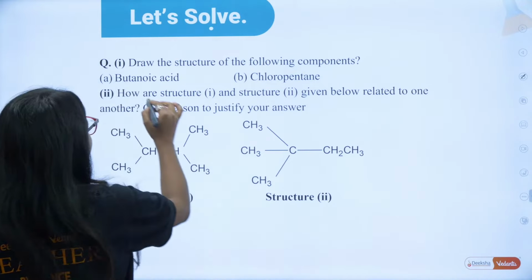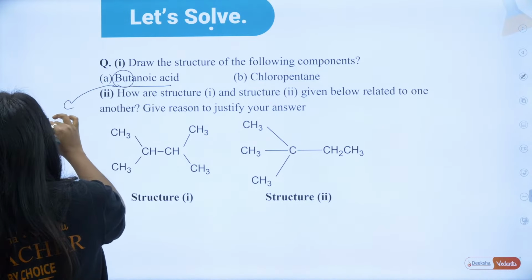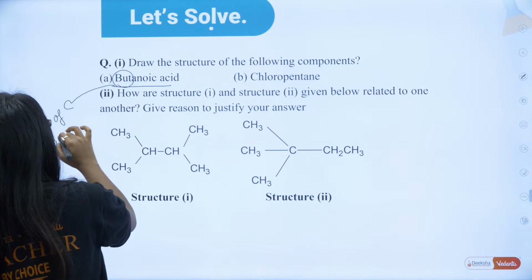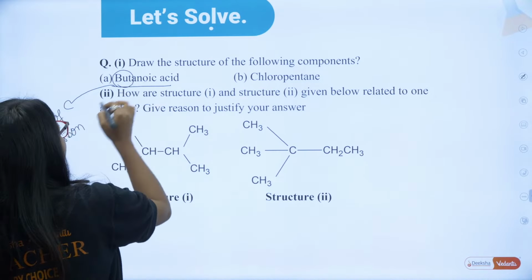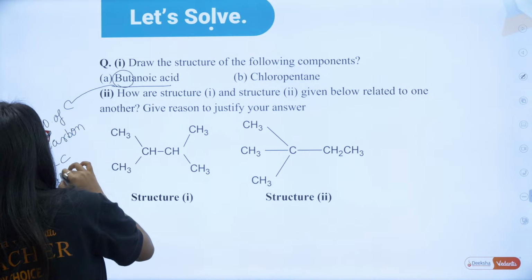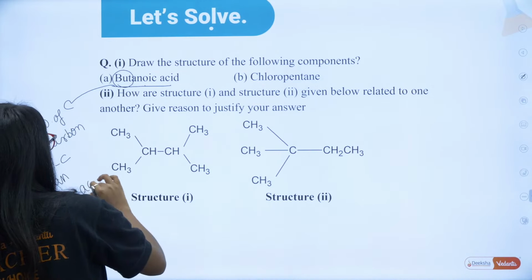Chloropentane. So how will you write this? Let me tell you. But means the number of carbons. The parent carbon chain has 4 carbons. Ane means carbon-carbon single bond. Oic means carboxylic acid.